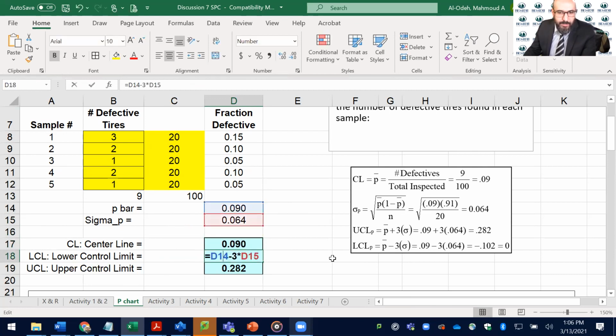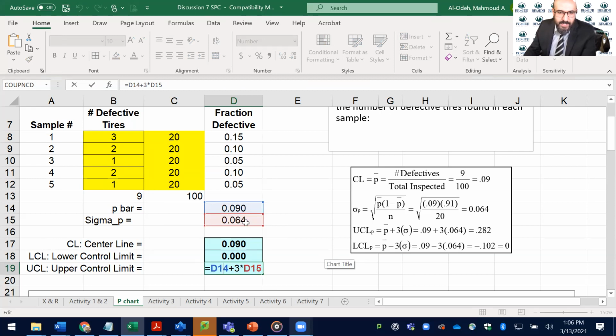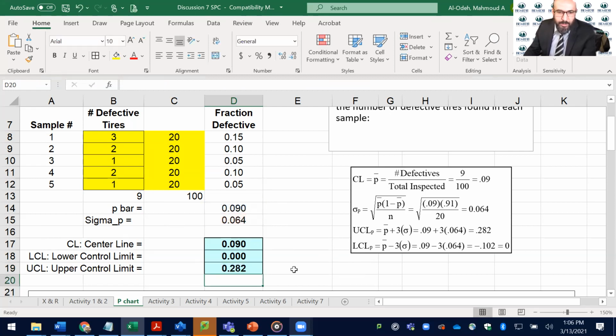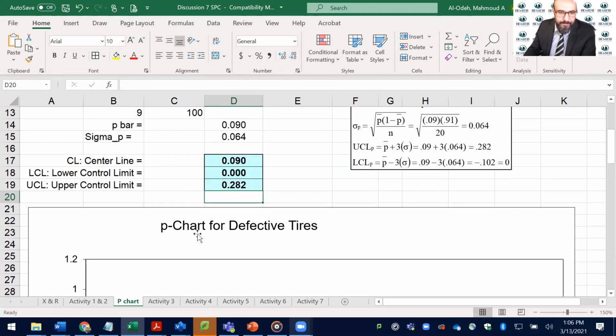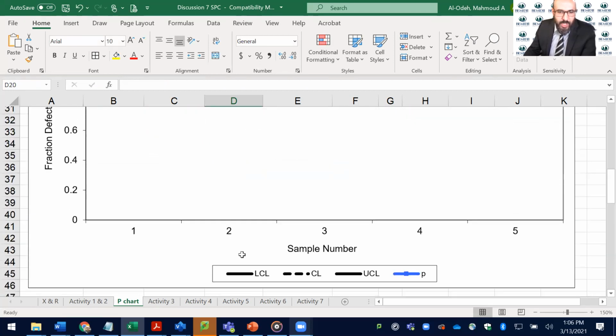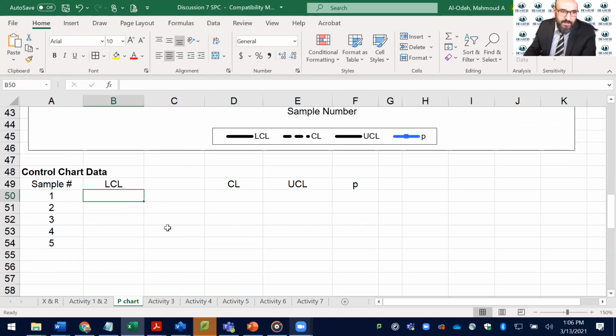The lower control limit would be P average minus 3 times the sigma, and that would give you a negative value. Right away, what you need to do is change it to a 0. Upper control limit is the P average, which is 0.09, plus 3 times the sigma, which is 0.064, and that will give you 0.282.